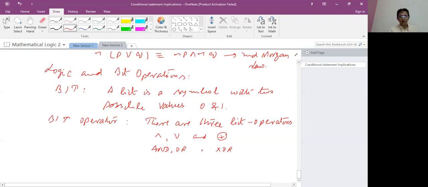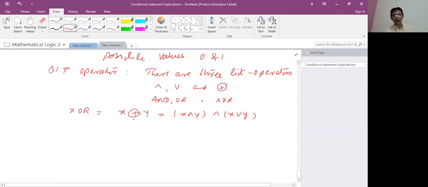So student, what is XOR? If we consider two variables, x XOR y is equal to x or y connected with AND operation x and y. This is called the XOR operation. We will represent it by x with a circled plus sign. With the help of bit operators, we will prove when they are equal.